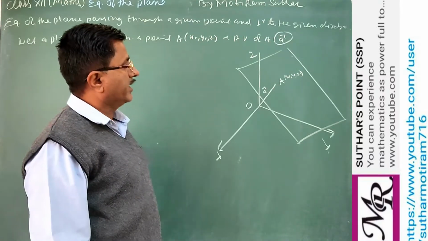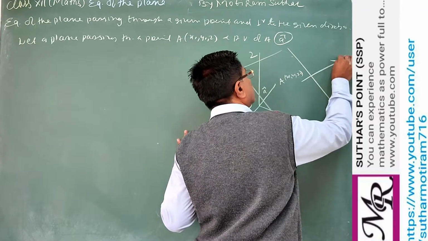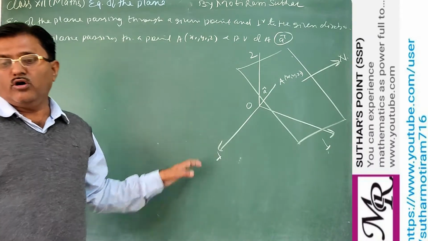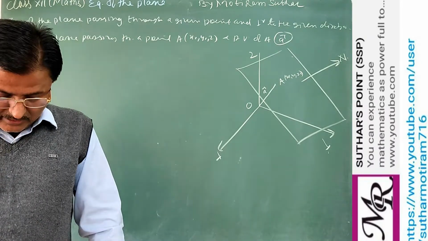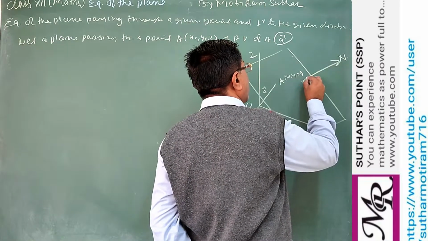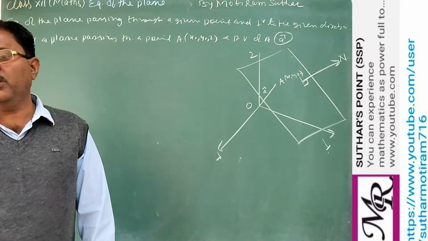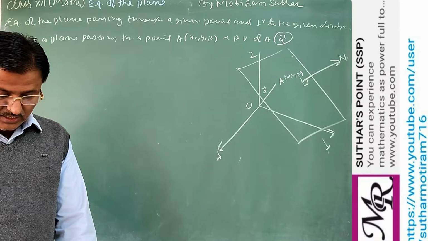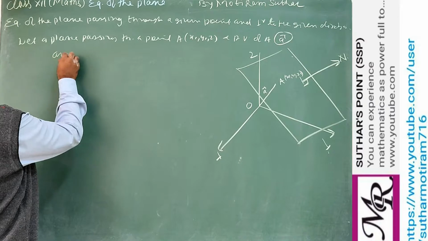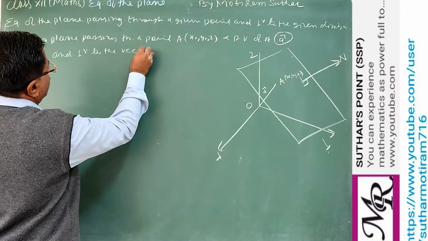And also we are given that the plane is perpendicular to the given direction. Now this plane is perpendicular to a vector, so this vector n is given. Obviously this plane is perpendicular to it. This is very important. Clear? It means the angle between the plane and the given direction is 90 degrees.